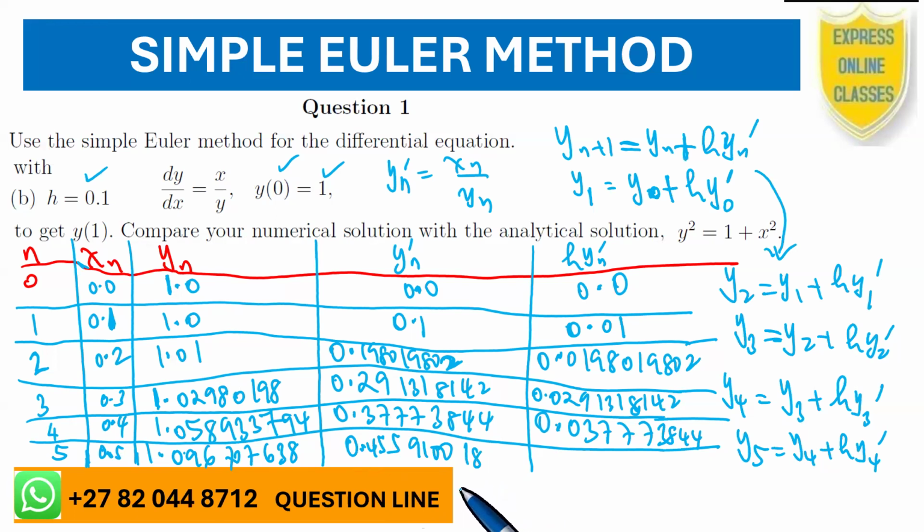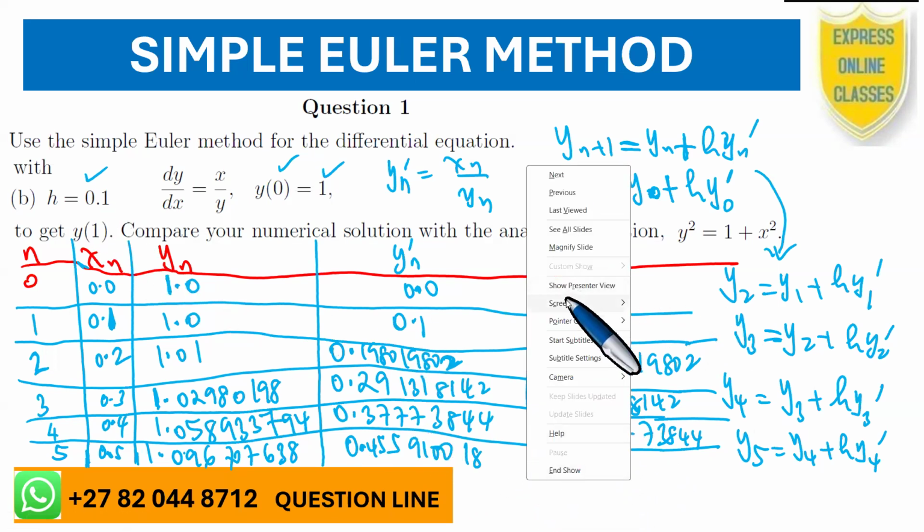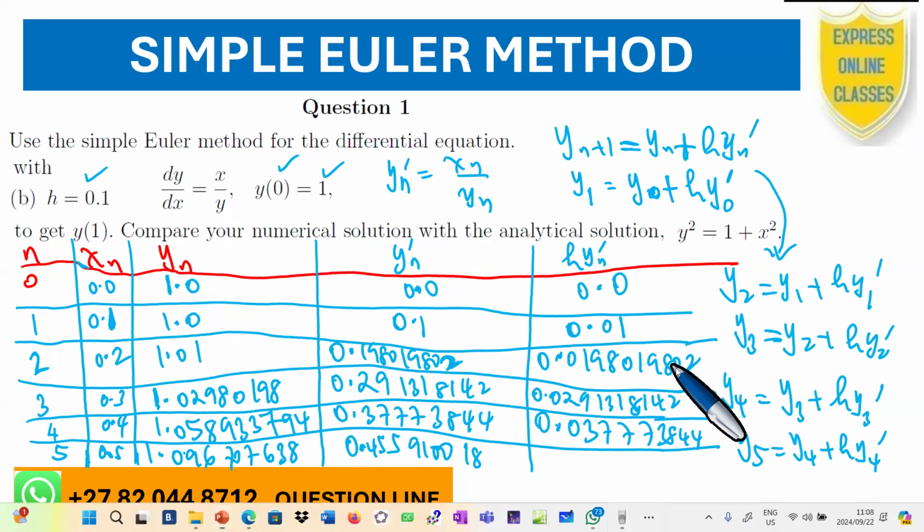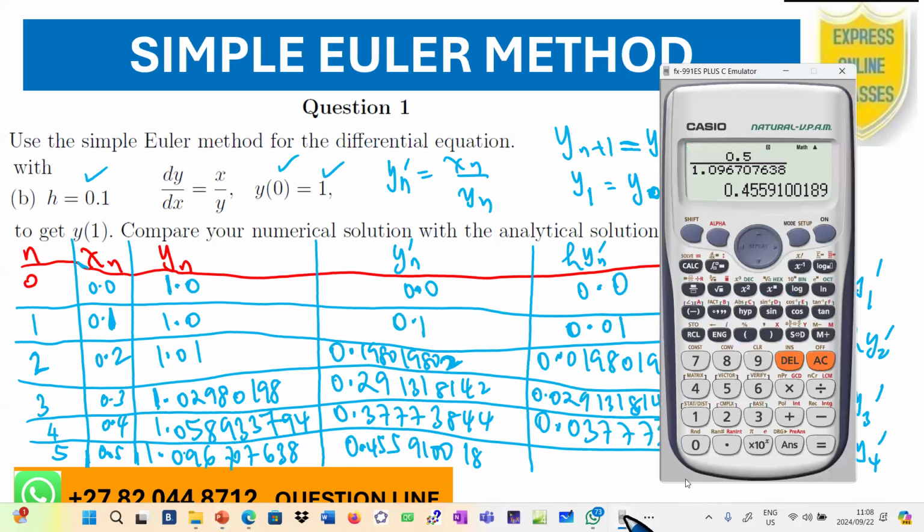Okay, we have this one. And then just multiply this one by h, which is 0.1. Right. So now we're going to do the multiplication.